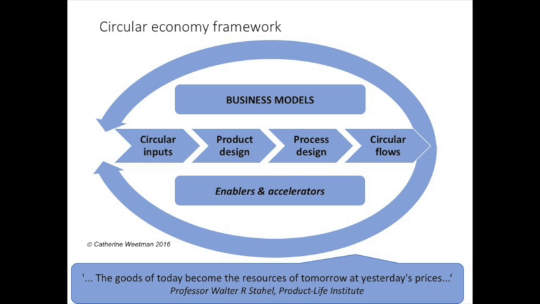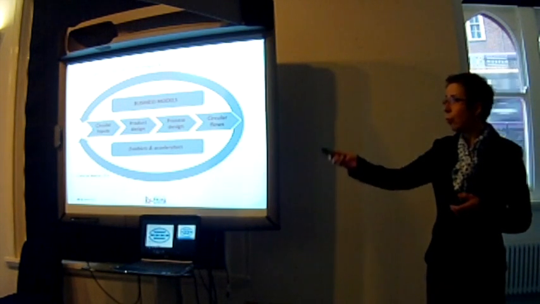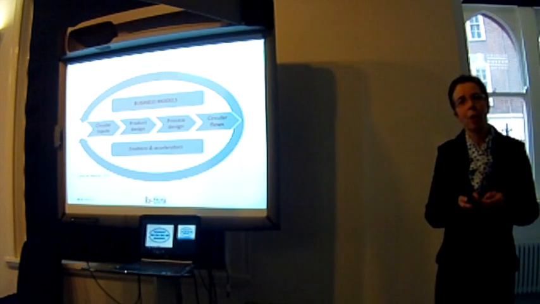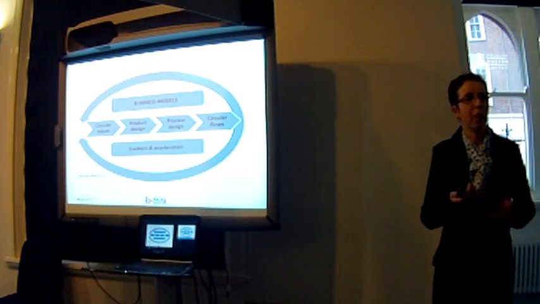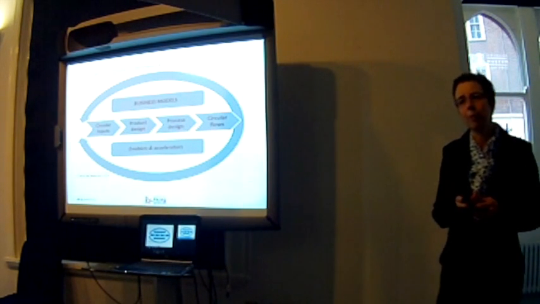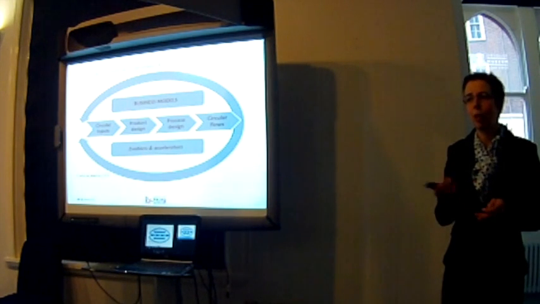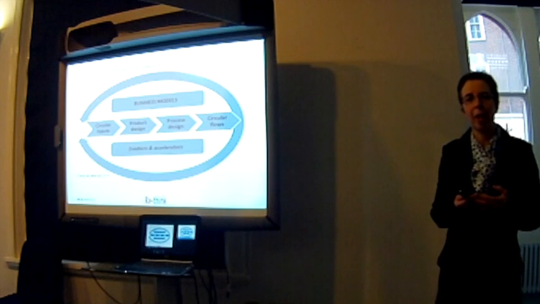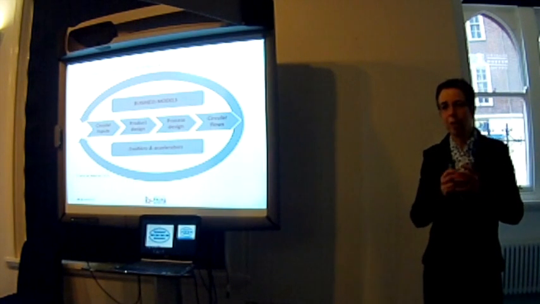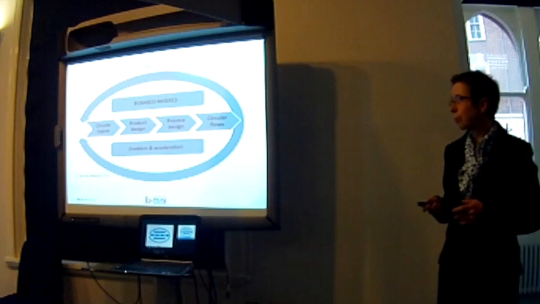Above that sit business models, and lots of new business models are emerging to try and encourage these circular flows. Rather than selling a product, you might sell a service or a performance, and again we'll see some examples later. You might set something up as a sharing system, like car sharing, or even, and I hate to use Uber as an example again, Uber, using a platform and bringing resources in when they're needed.